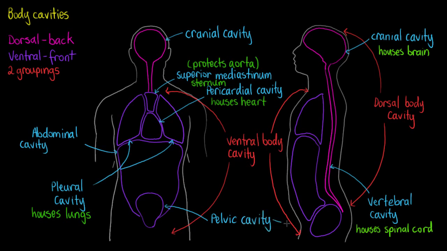Our abdominal cavity is responsible for housing and protecting our digestive viscera. So we'll write that now. Houses the digestive viscera, so all of our intestines, basically. Our intestines, our stomach. And our pelvic cavity is going to house our bladder and our reproductive organs.